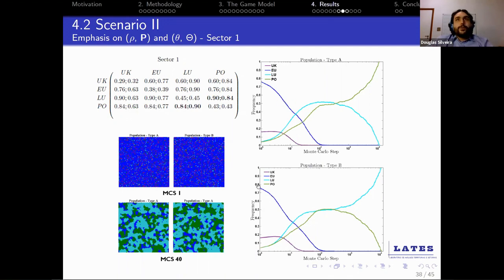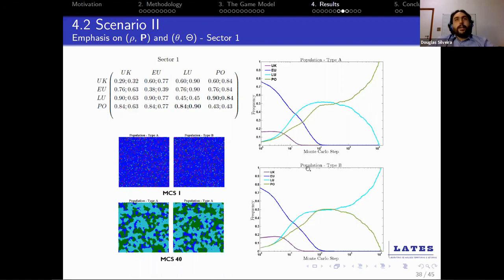And then in the equilibrium, one population of firms, type A, the firms that were originally situated in one of the European Union countries, will decide to go to Portugal, and the firms that were initially located in the UK will decide to move to Luxembourg.